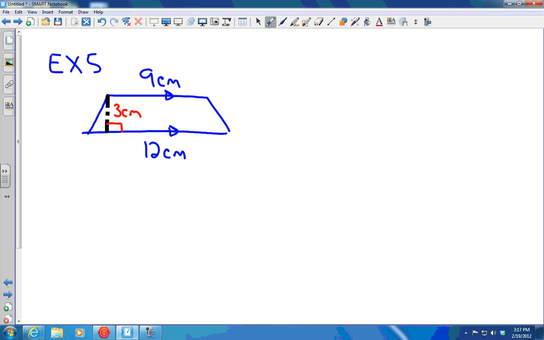So the formula for the area of a trapezoid is 1/2 height times base sub 1 plus base sub 2.